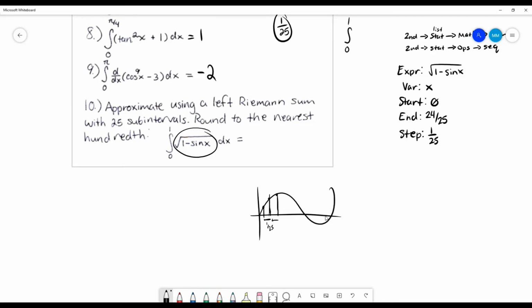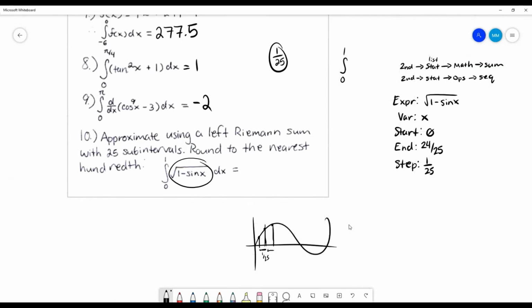We just have the heights and I need to multiply. The size of our subintervals is that 1/25th, so I'm going to multiply my answer by 1/25th. And our actual answer looks something like this. It's obviously a much longer decimal, but the question prompts us to round to the nearest hundredth, so that is that.